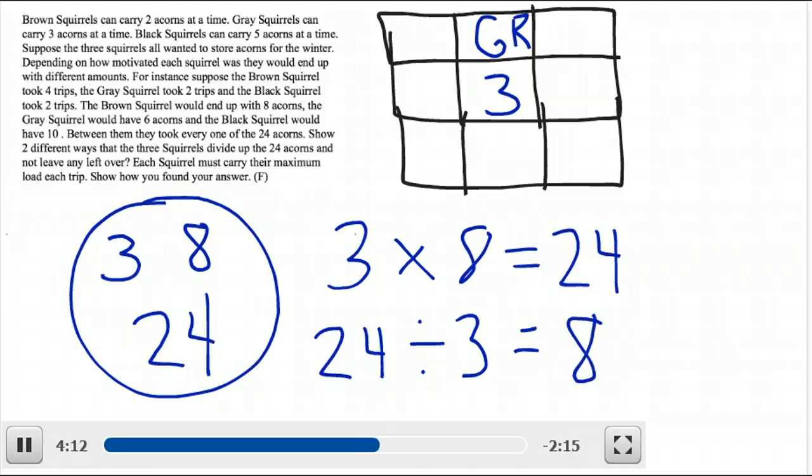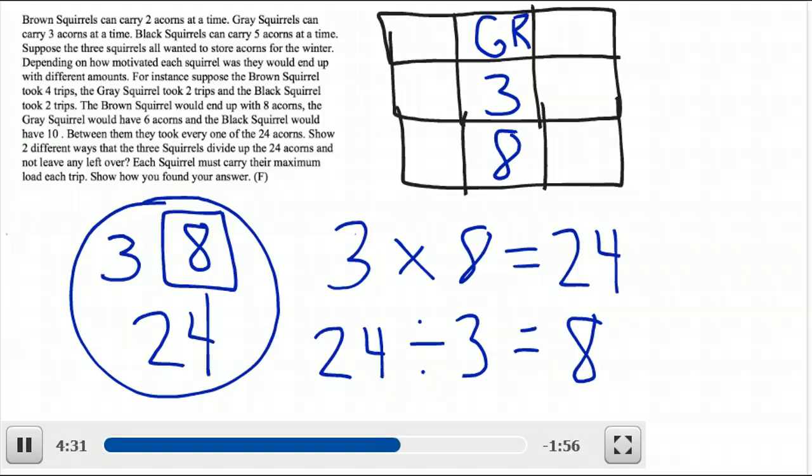You can think of this as inverse operations, or you can think of this as fact families, or as unknown factor, because we did not know 8 was the number we were looking for. So your answer is 8 trips for the gray squirrel.